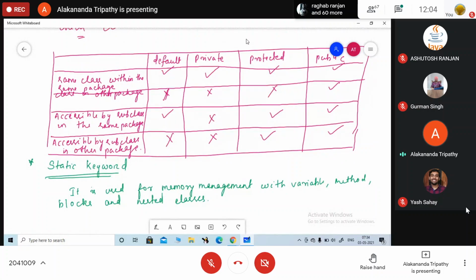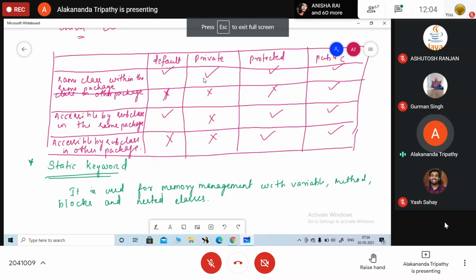The default keyword provides access to the classes present in the same package and to the subclasses in the same package. Private provides access to the member instance variable and the method within the same class. I am not discussing protected right now.